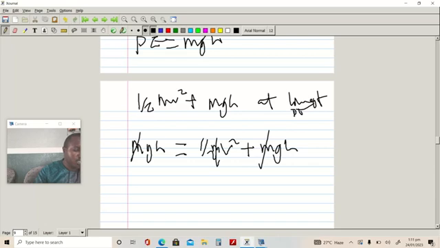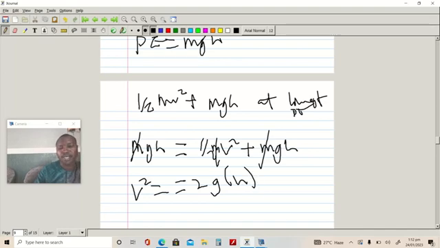So at this point, if we make v the subject of the formula, v squared is going to be 2g times the height difference. Our h is h0 and h1, the initial.